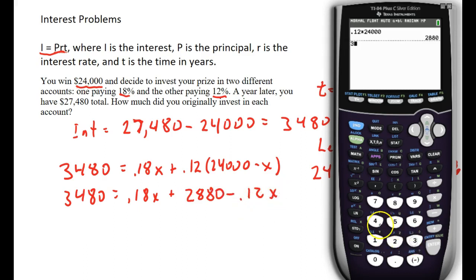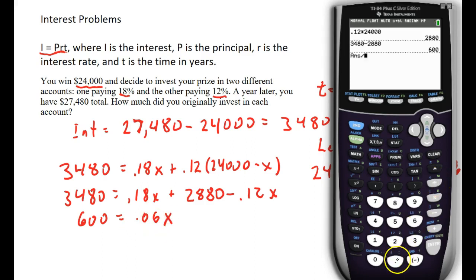And I'm going to go 3,480 minus that answer, and I get 600 equals 0.18 minus 0.12x, which is 0.06x.